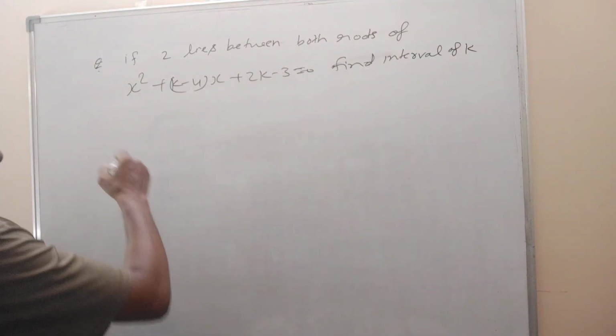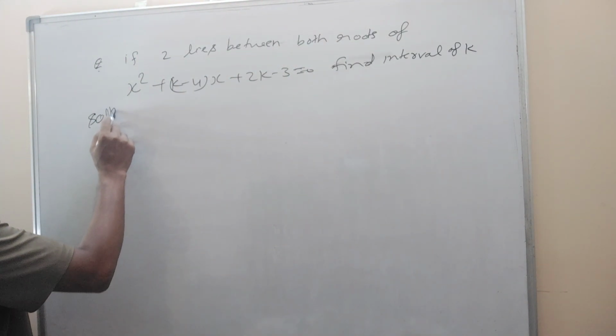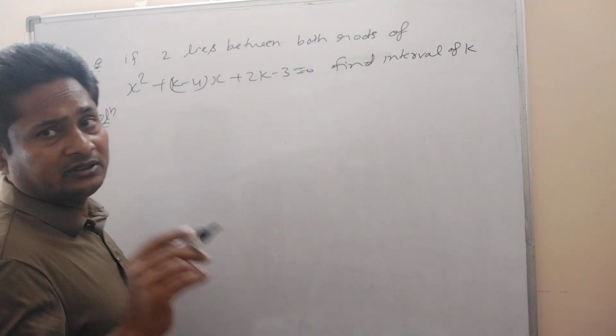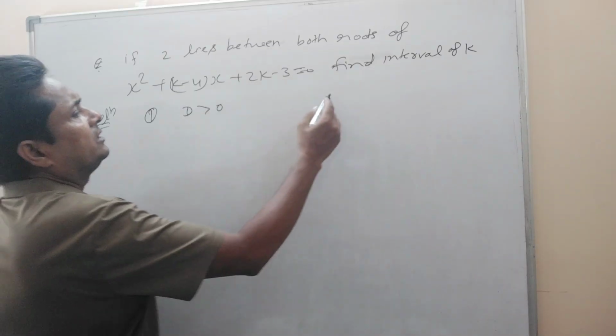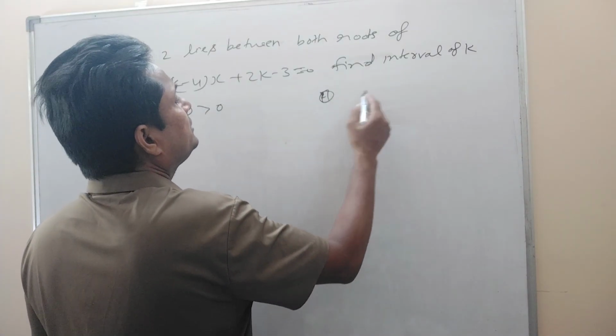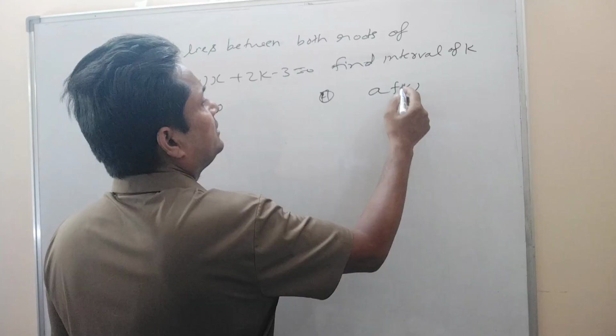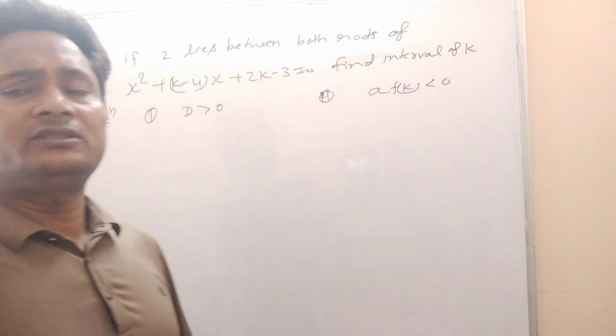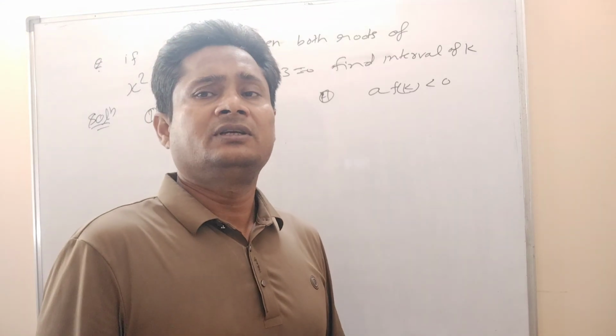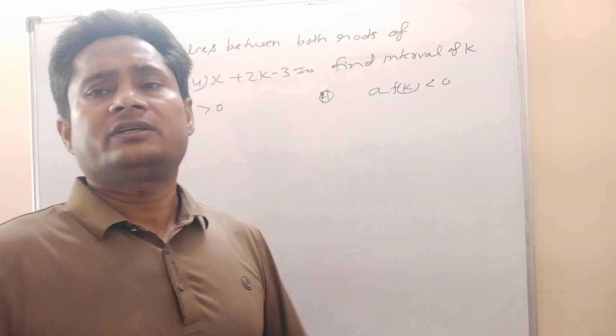So what are the conditions? I told you two conditions. First condition was D greater than 0 and second condition was A times f(k) will be less than 0. These two conditions we have to solve in this case. After solving, we have to take intersection.